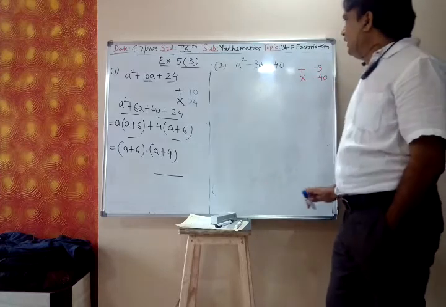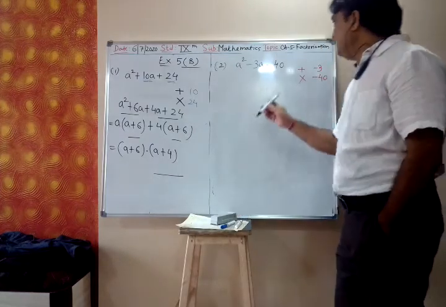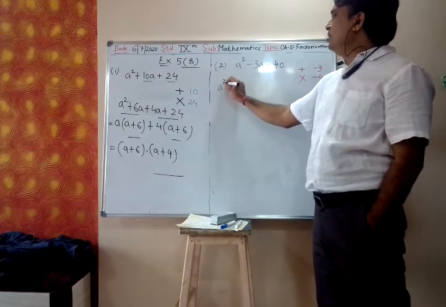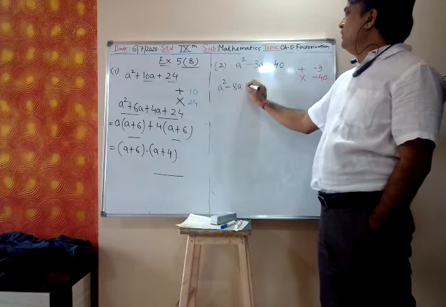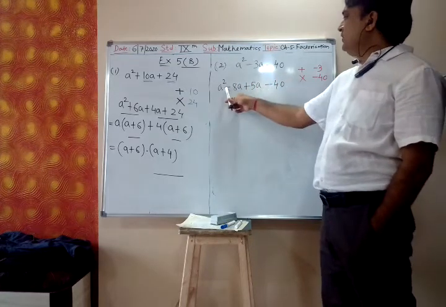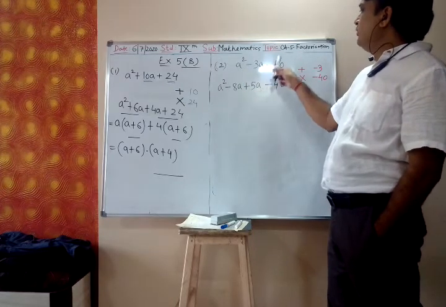Minus 8 and 5. So this middle term you have to split as a square minus 8a plus 5a minus 40. Minus 8 plus 5 is minus 3. Minus 8 into 5 is minus 40.